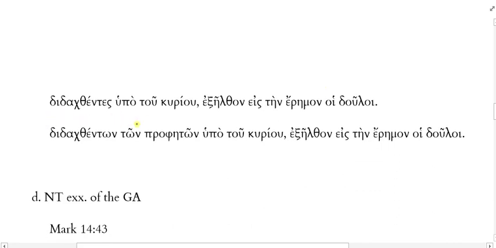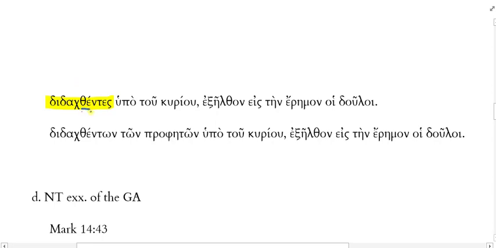Repeat after me. Didachthentes hypo tou kyriou exēlthon eis tēn erēmon hoi douloi. Okay. Look at didachthentes. Is that a participle? It is. Which tense stem along with tense formative is this? That is not quite future.